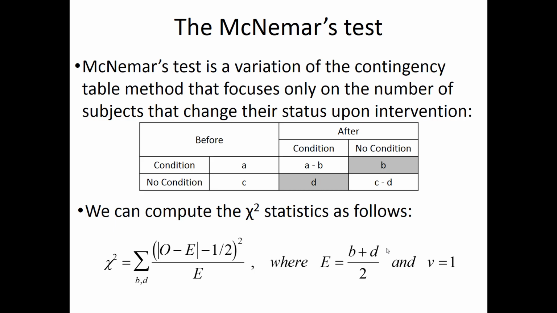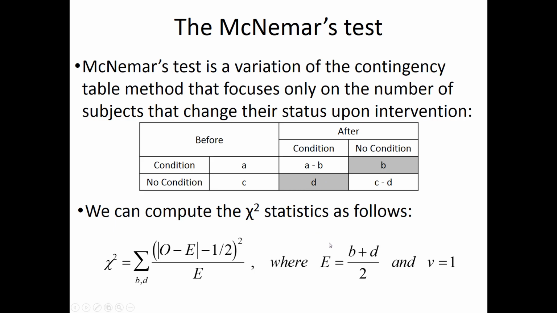McNemar's test is a variation of the contingency table method that focuses only on the number of subjects that change their status upon intervention. We use the chi-square statistic, in which we focus on the observations where those with a condition beforehand change to no condition after the intervention, and those that did not have the condition before the intervention change to having the condition afterwards.